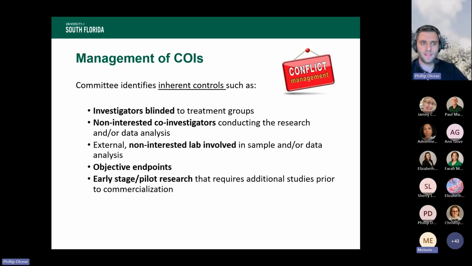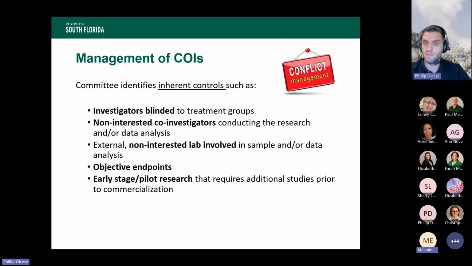Management of COIs. In HSR, human subject research, there's a rebuttable presumption that interested investigators or institutions should not conduct HSR. This presumption can be overcome if the COI committee determines the circumstances are compelling. Therefore, we have inherent controls.